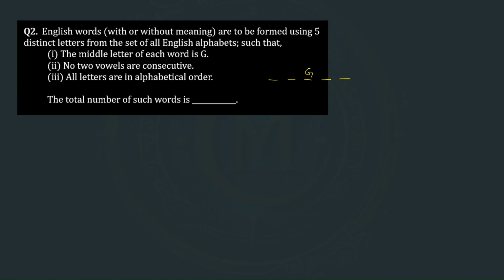So if all letters are in alphabetical order, that means if this is the position of G, then to fill the left-hand side of G, we have to choose any two of the letters from A to F. Why? Because if we, let's say, choose H for one of these two places, then the letters will not be in alphabetical order.